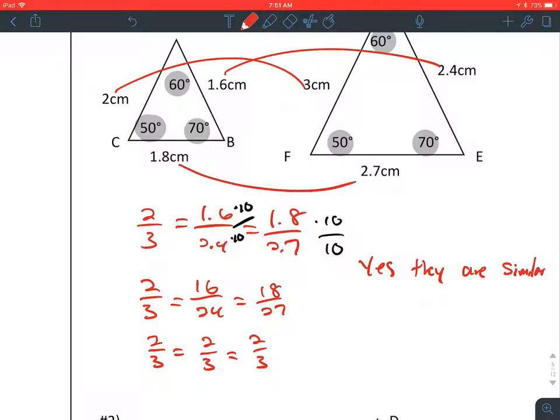And the reason? We are going to just basically state the definition of similar polygons. Yes, they are similar because corresponding angles are congruent and corresponding sides are proportional.